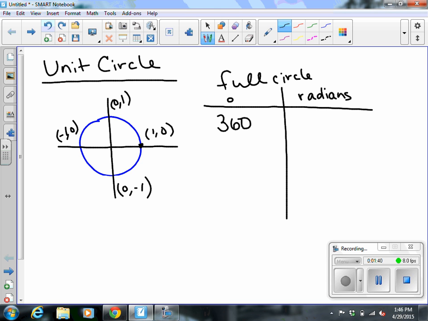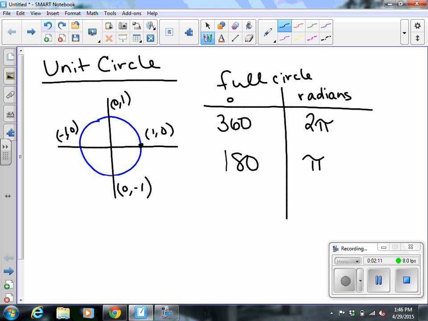Well, in radian measurement, it's 2 pi r. Now notice, not 2 pi r, just 2 pi, and that's because our unit circle has a radius of 1. Notice this is based on our circumference formula. Okay, so if I have 180 degrees, half of 2 pi then is just pi.